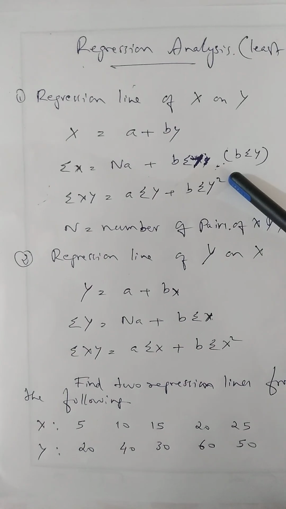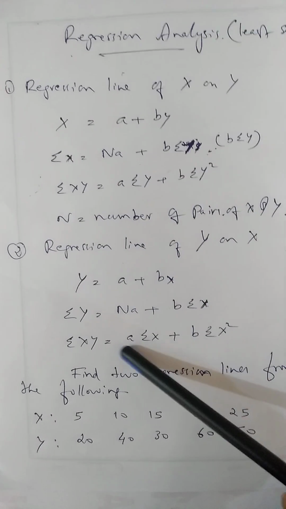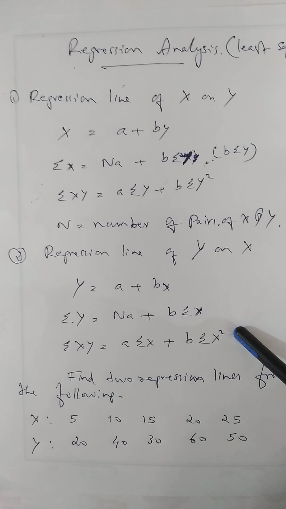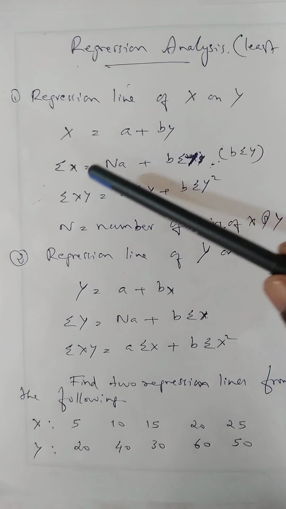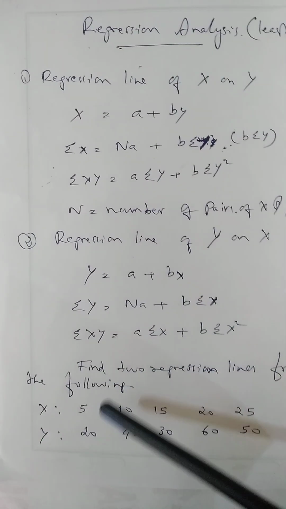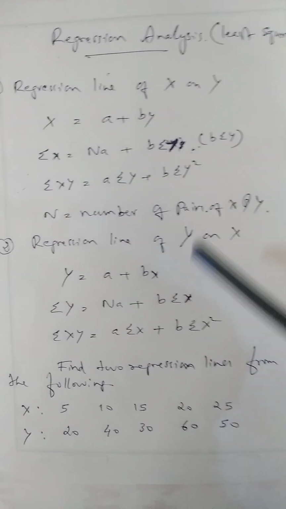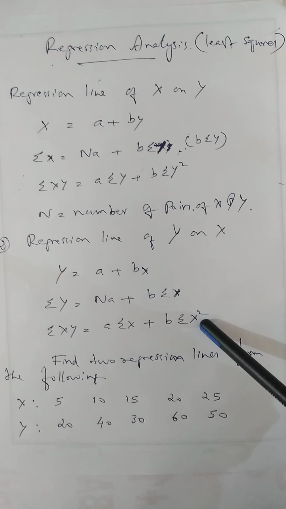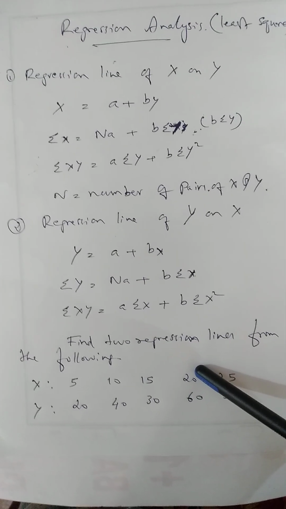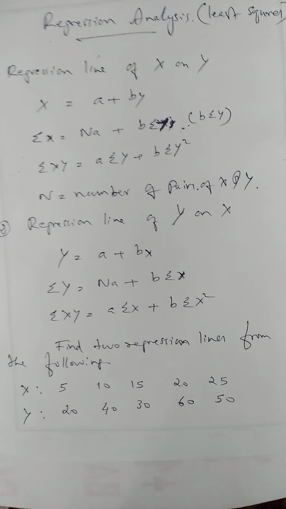Then y square column. And when you come to this formula, you need x square also. So x and y are both available in the question. Then xy, y square and x square are the other requirements to solve this question. For that purpose, we have to prepare a table.